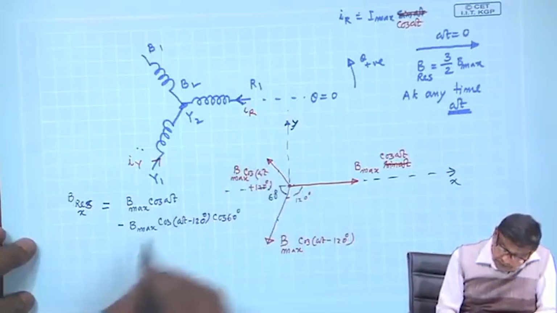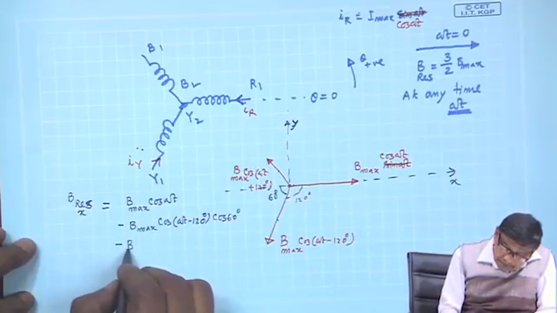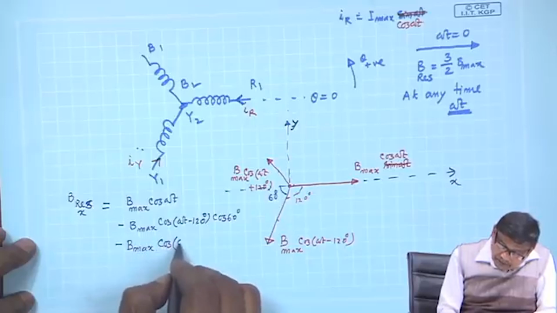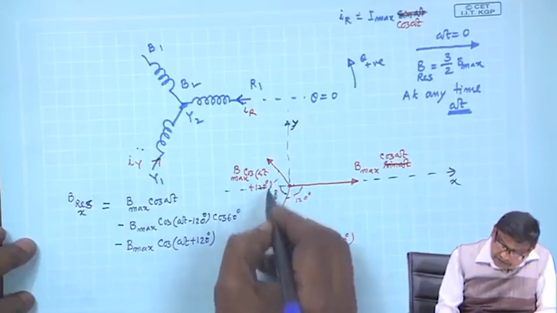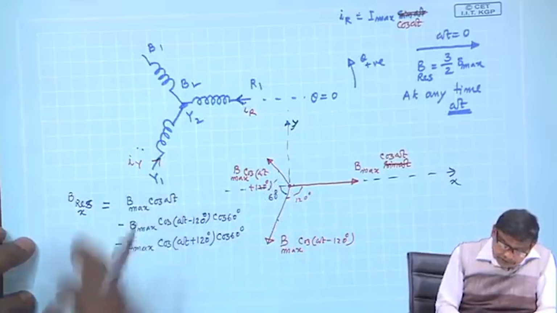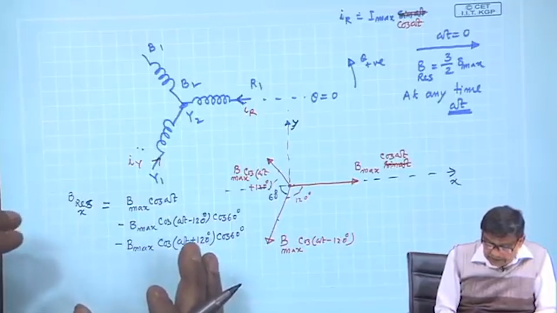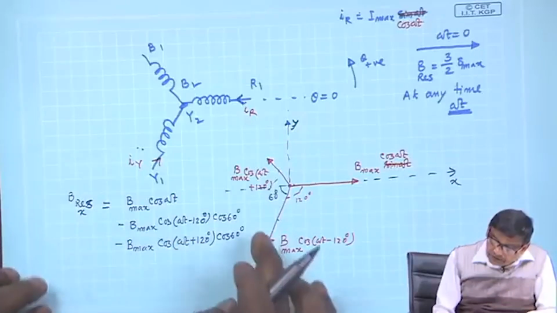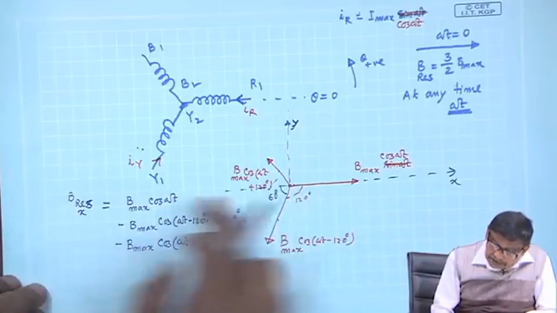Similarly, this component is minus B max cosine omega t plus 120 degree into cosine 60, and this must be the resultant field x component, because the constituent vectors of B resultant are these.